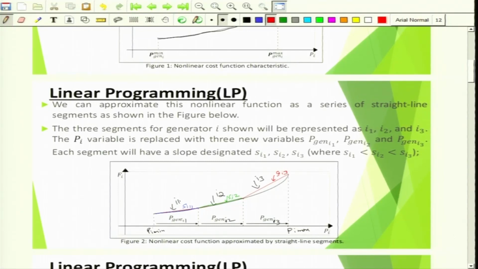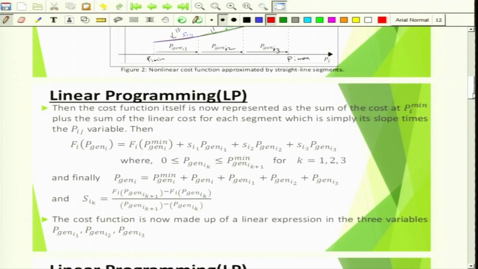You can see here easily the slope increases from segment 1 to segment 3. That means SI1 is less than SI2, which is less than SI3. Then the cost function itself is now represented as the sum of the cost at Pi minimum plus the sum of the linear cost for each segment, which is simply its slope times the P gen Ij variable.